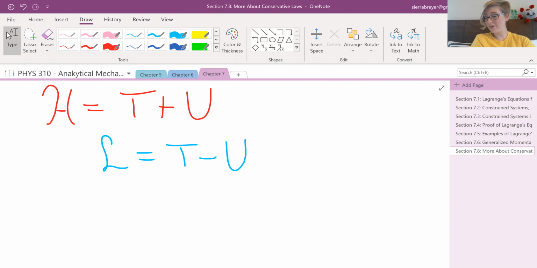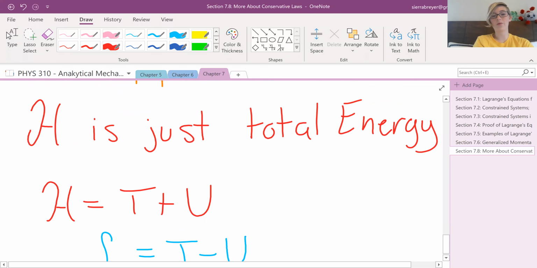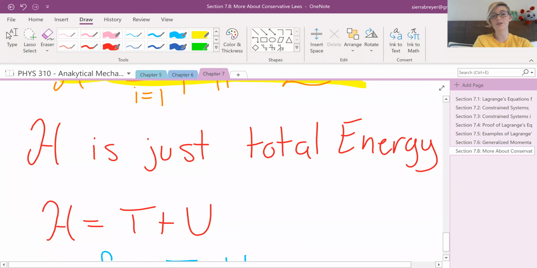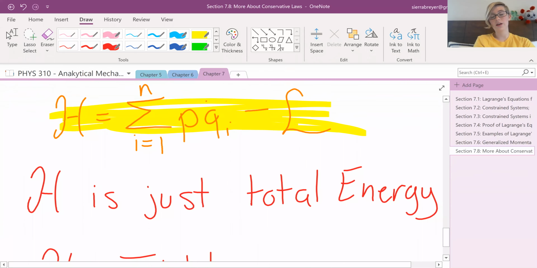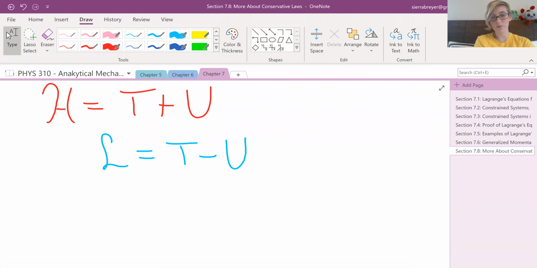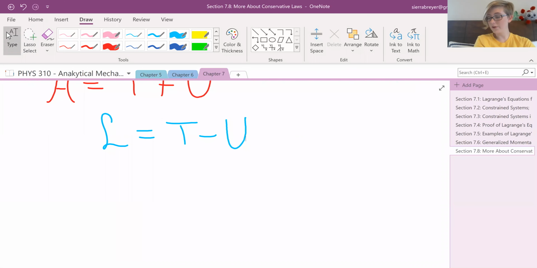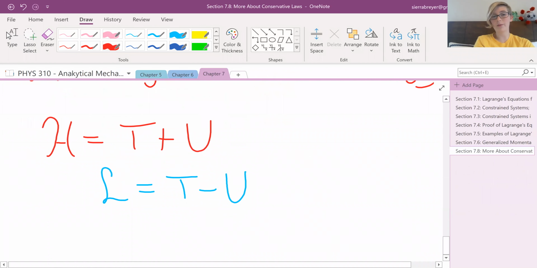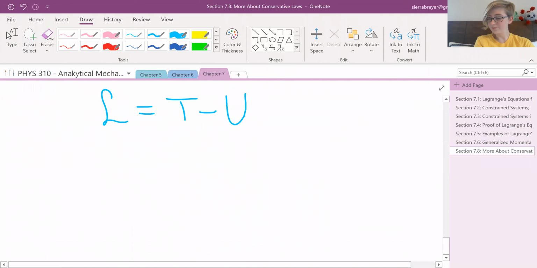So from there, what it wants you to note is how it got there. Okay, I want to show you how we got the Hamiltonian to be the total energy, and that has to do with this right here. So that's my little note. Here's my proof that the Hamiltonian is total energy.